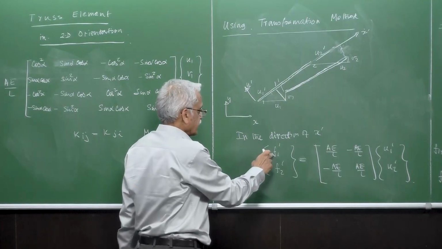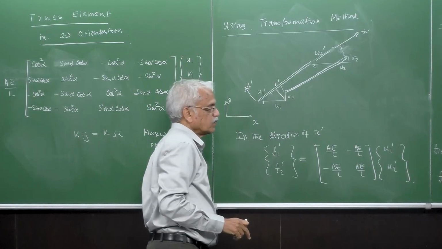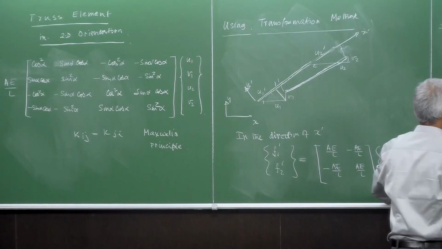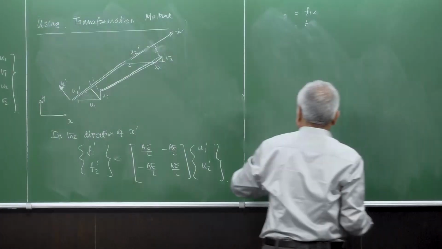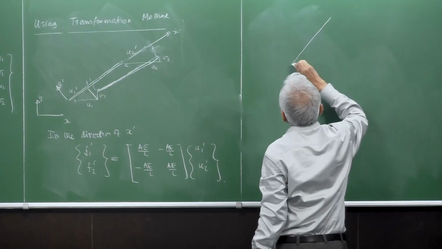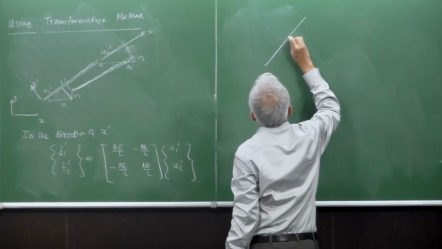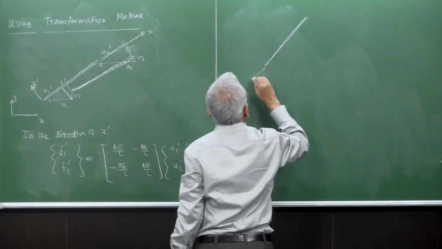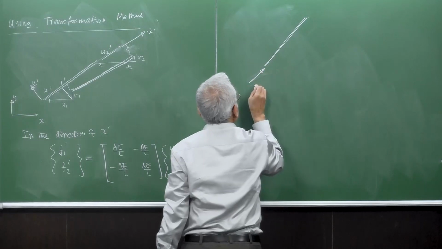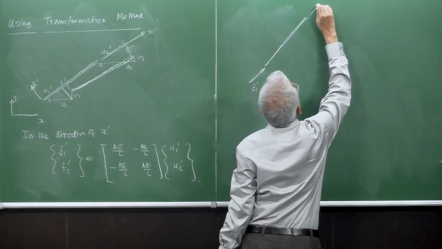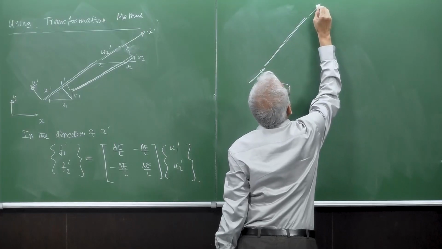And f1 prime and f2 prime are the forces in that direction. So we will write it again here: f1 prime like this, and this is f2 prime.